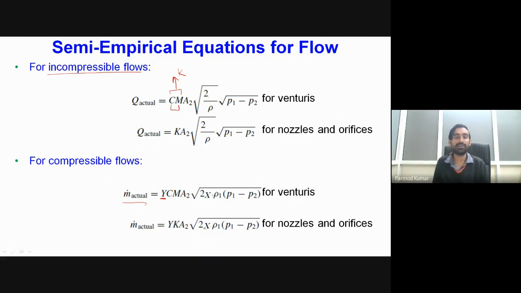One important thing you can see is that while calculating the flow rate for compressible flows, we specify it in terms of the mass flow rate. Why? Because the value we are measuring depends upon the localized density field also. That's why we take the density field into our consideration.